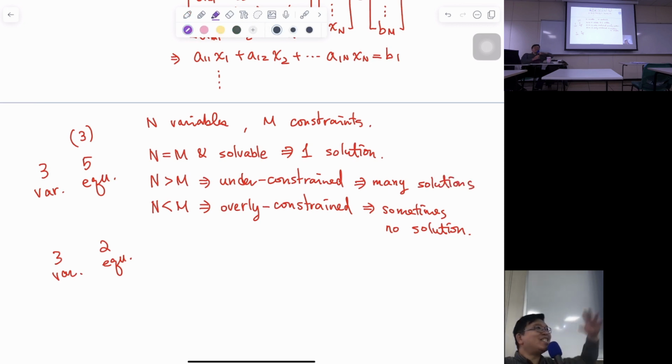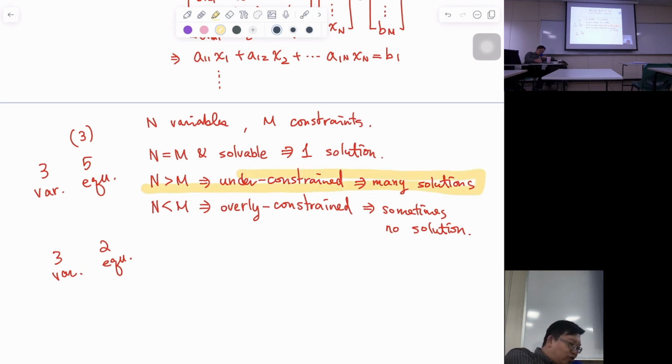So which one needs optimization? Case 1, case 2, or case 3? Anyone? Case 2, yes. Because you have so many solutions, you have choices. So one of them probably is the best. So we're searching among those possible solutions and trying to find which one is the best. So we usually handle this situation.